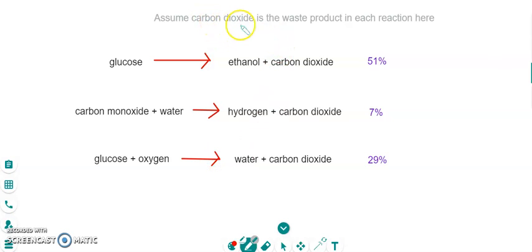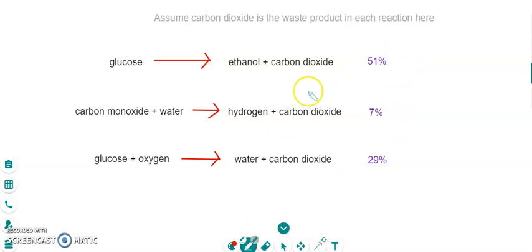If we assume that carbon dioxide is the waste product in each reaction here, the first reaction has an atom economy of 51% for ethanol. The second reaction has an atom economy of 7% where hydrogen is the desired product, and the last reaction has an atom economy of 29% where water is the desired product. Which of these do you think is the most efficient reaction?